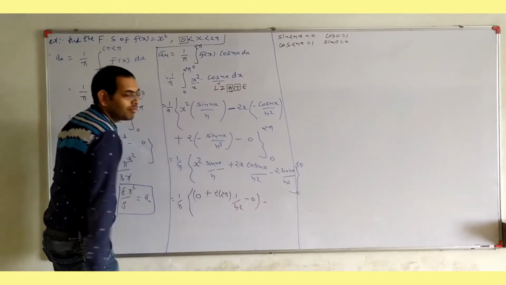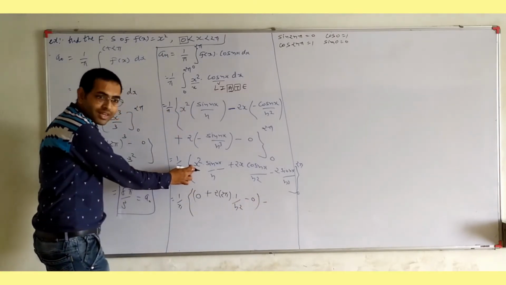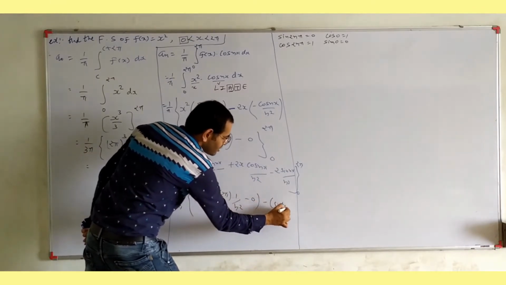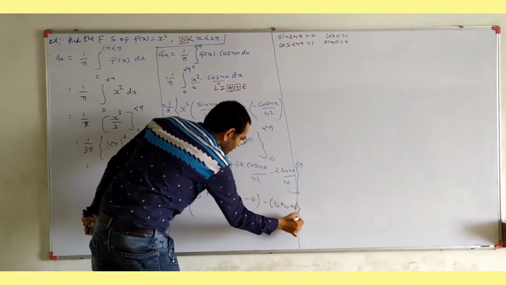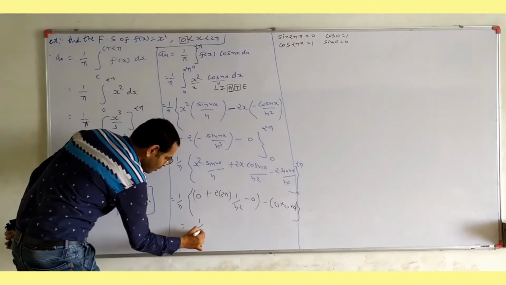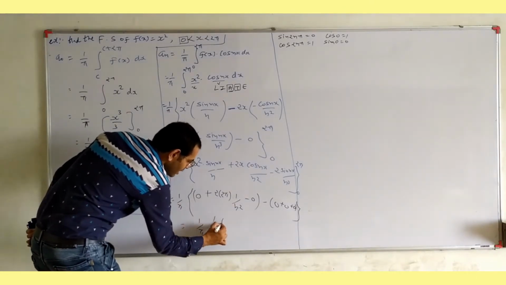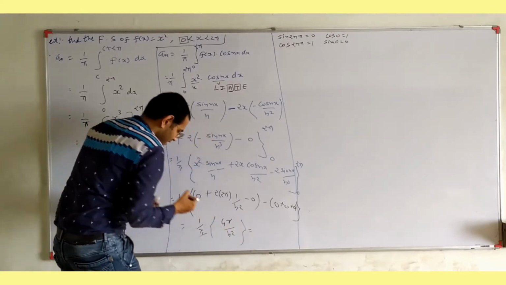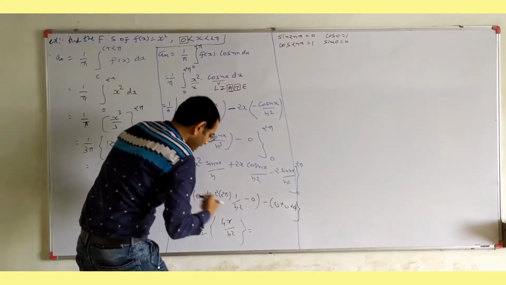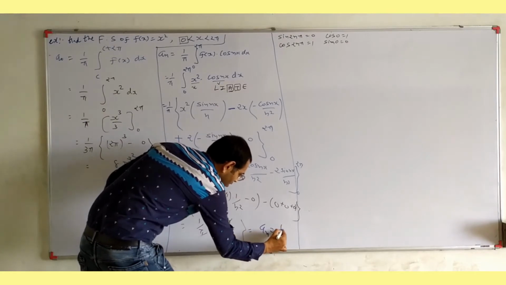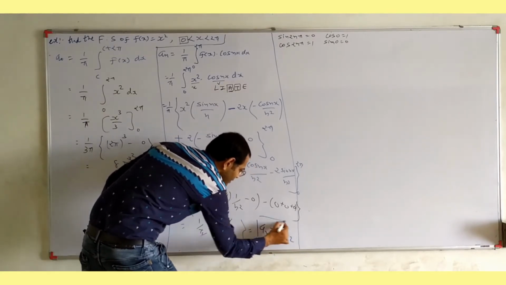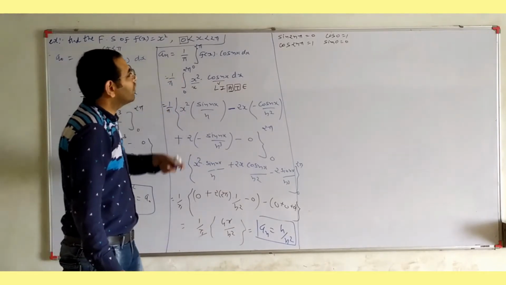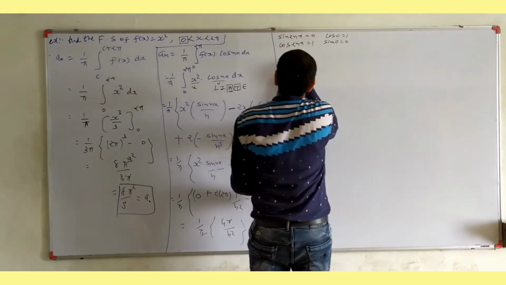Upper limit minus lower limit, replace x as 0, then 0 into anything is 0, sin 0 is 0. Then we get 1 upon pi, 2 into 2 pi is 4 pi by n square, pi cancels, then we get the value of an equal to 4 by n square. Similarly, we can find Bn.